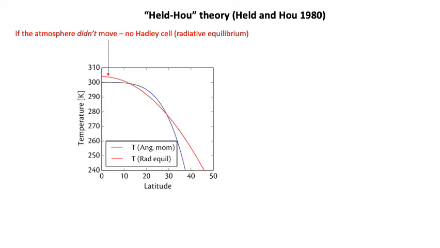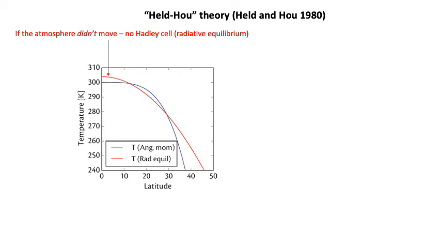So what's interesting is, this is where something called Held-Howe theory, from Held and Hou 1980, comes in. This blue line here, the same plot as before, is the angular momentum conserving solution. And the red line is basically what you would imagine if the atmosphere didn't move at all.